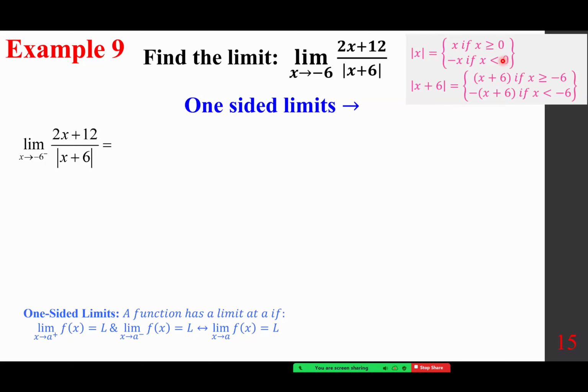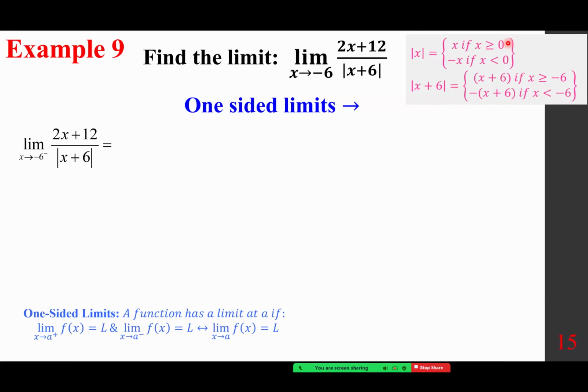Therefore, absolute value of x plus 6: drop the absolute value if x plus 6 is positive. That means x is greater than or equal to -6. I should say non-negative, okay, instead of positive. And it becomes the opposite of that if x is less than -6. So from here, we can see this one.